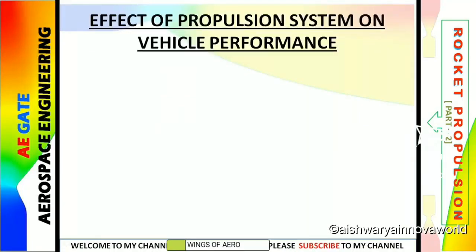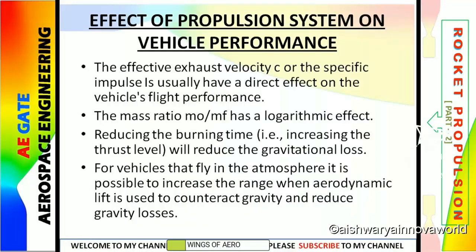Now I will tell you the effect of the propulsion system on vehicle performance. These are the basic parameters: specific impulse, mass ratio, the burning time, the aerodynamic lift, or you can say how the gravitational force is accounted into the system, or drag force is accounted into the system. These are the 4 basic points, and apart from that there are a lot of other points.